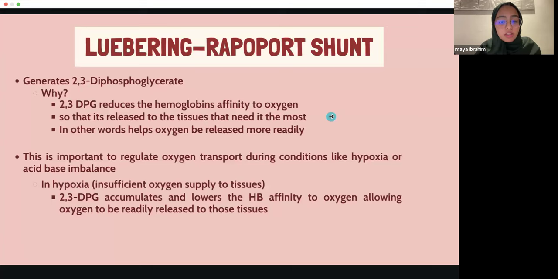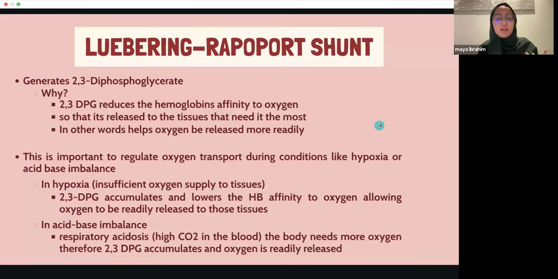This is also seen in the acid-base imbalance because let's give an example of respiratory acidosis. I know, scary word. You'll take more of it later. But basically, in respiratory acidosis, you have accumulation of CO2. So your body needs more oxygen. So what happens? 2,3-DPG accumulates again, reducing hemoglobin's affinity to oxygen so that it can be readily released.